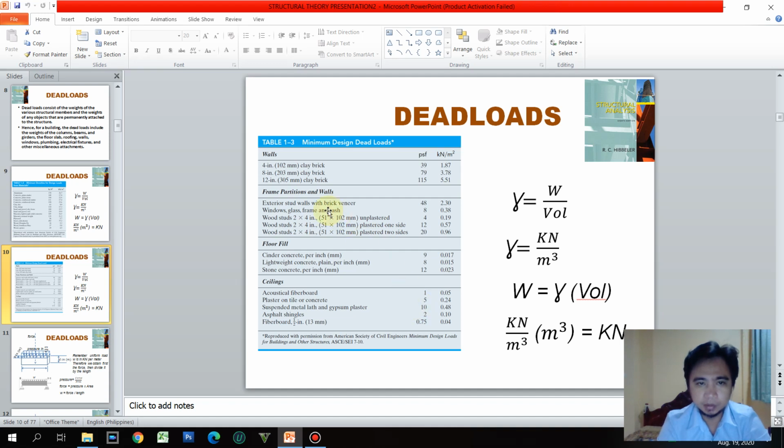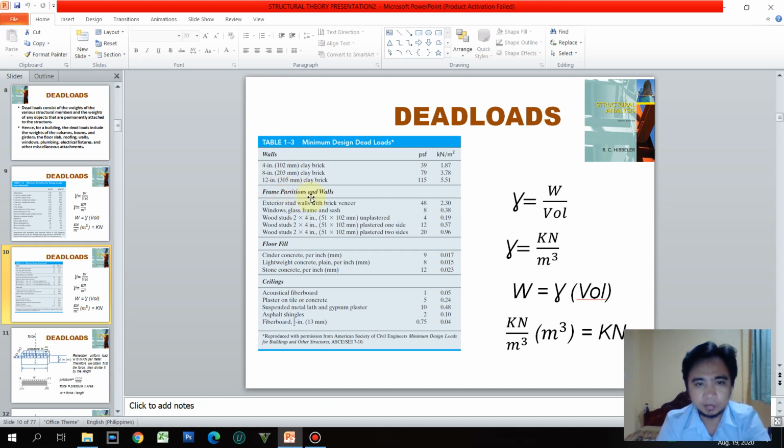So just like this, if we have a wall, if we have a 4 inches clay brick, it is already in a fixed size, or 4 inches. Similarly, we have 8 inches, 12 inches, so on and so forth.